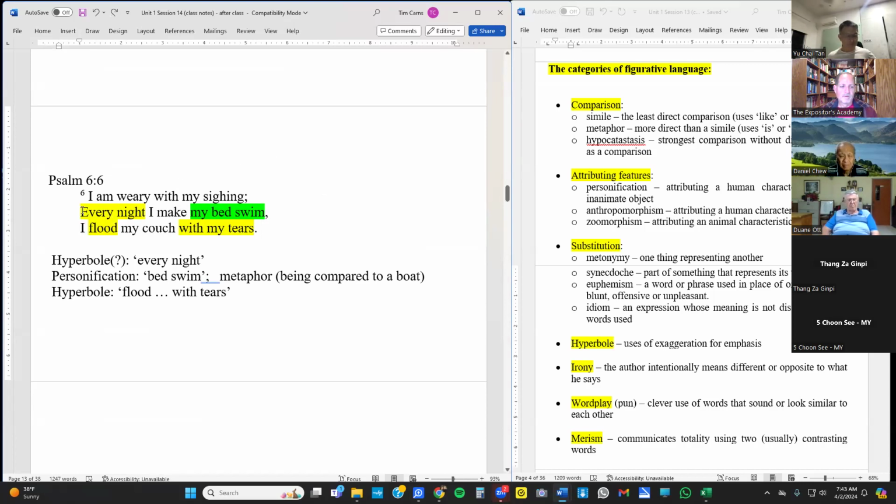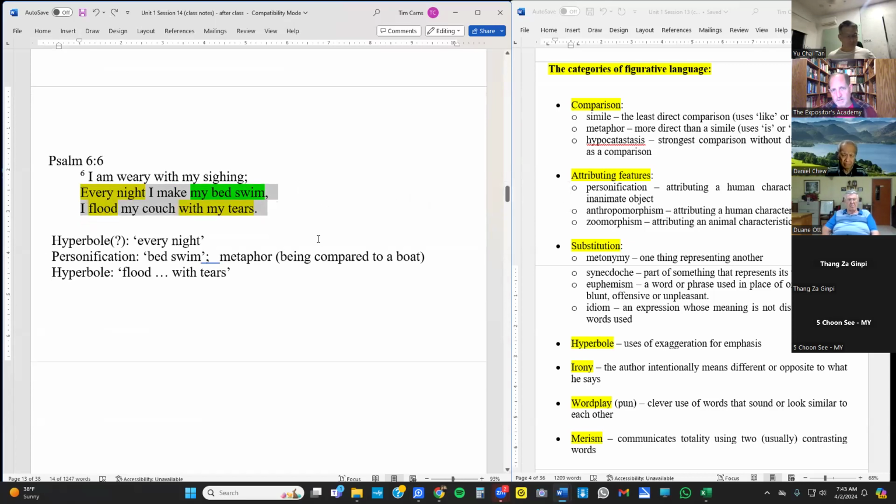And so if we miss the figurative language here, we will miss the intent from David to express just how deep was his pain and sorrow.